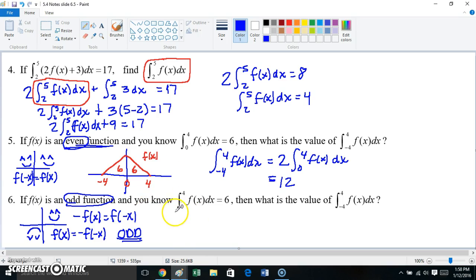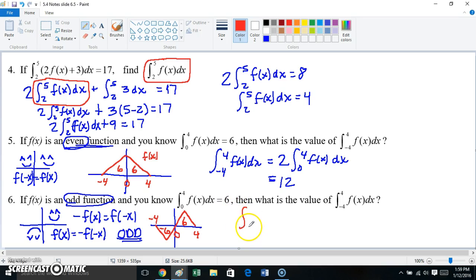Okay, so let's just pretend we have an odd function that looks something like this. We know that the integral from 0 to 4, or the area under the curve, is 6. That means the area in this triangle in the third quadrant is also 6, but that area is going to be negative if we look at the area from 0 to 4.